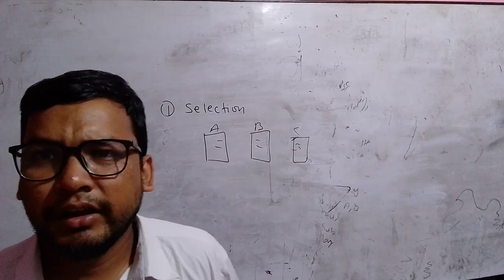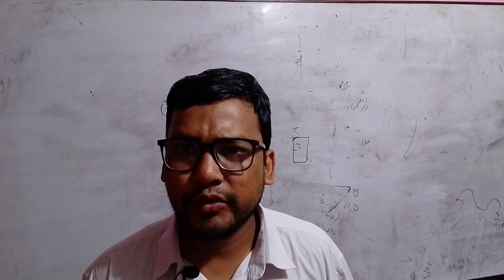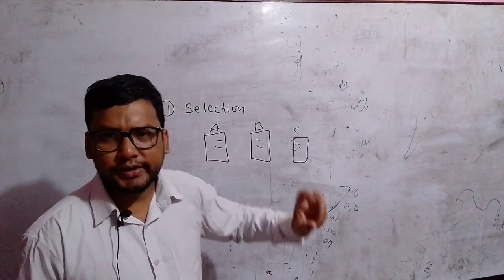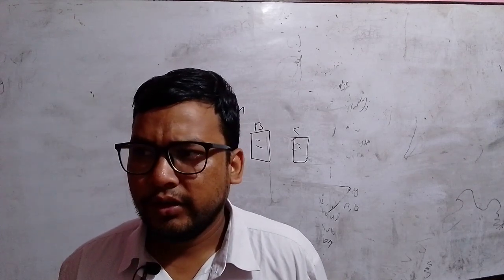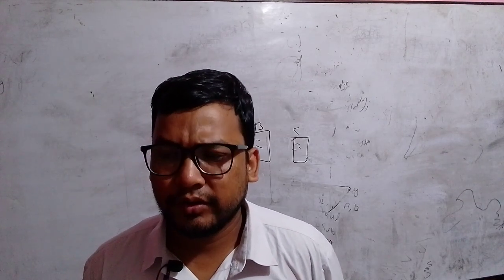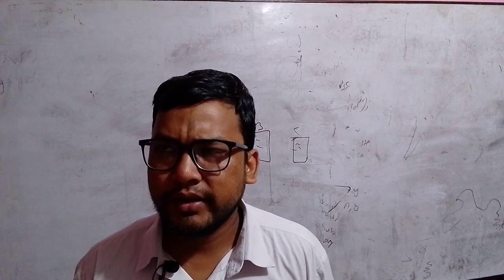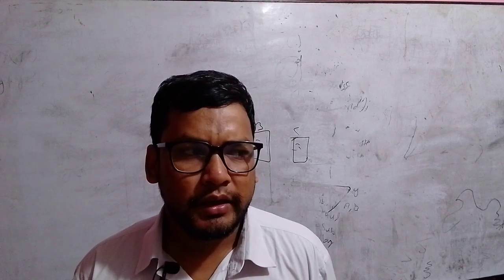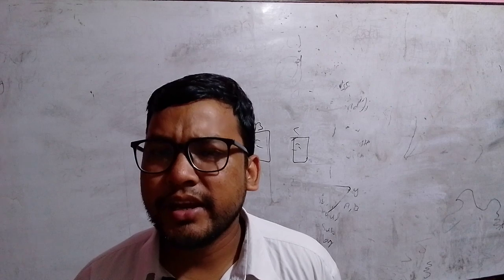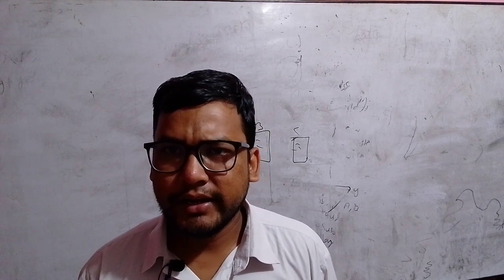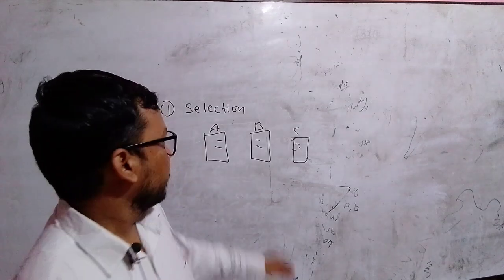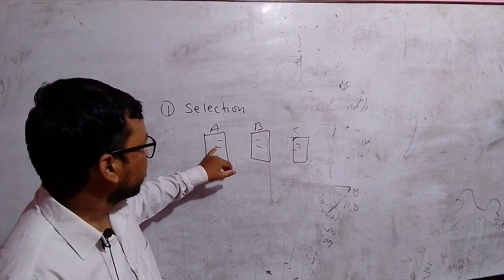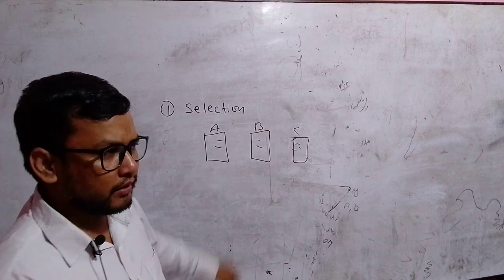Selections come with conditions. A condition determines which block of code to execute. For example, in a programming case, if the marks obtained by a student are greater than 80, then we need to execute the block of code that displays distinction.